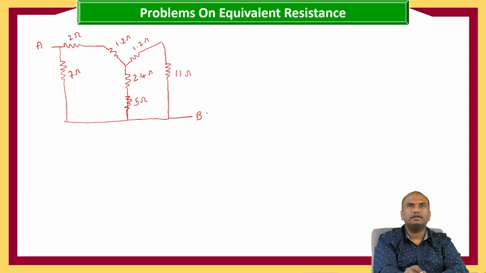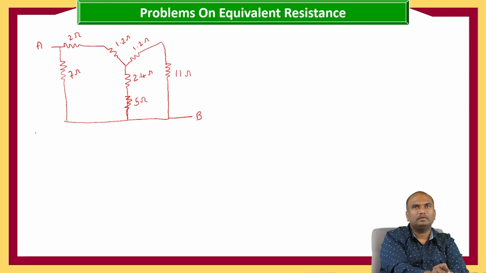So here we can see that this 1.2 ohms and 11 ohms are connected in series, and 2.4 ohms and 5 ohms are connected in series. So 1.2 ohms and 11 ohms are in series.